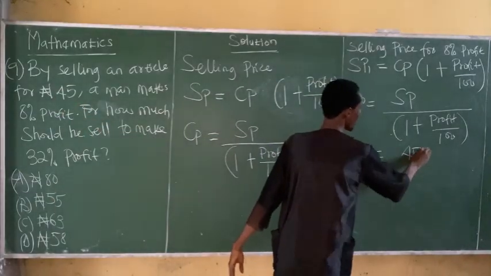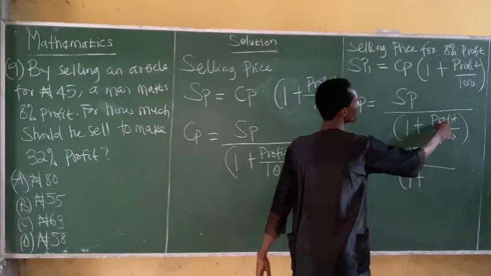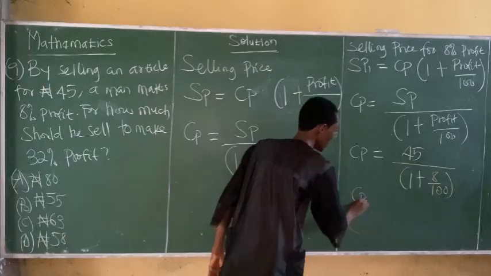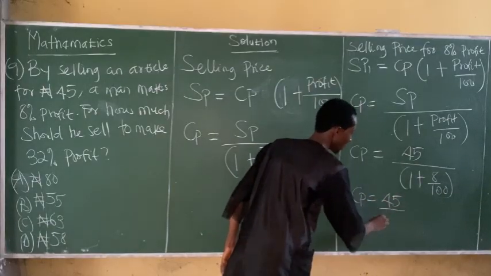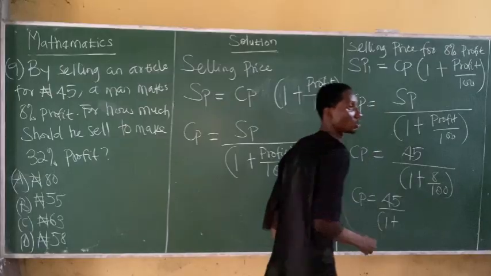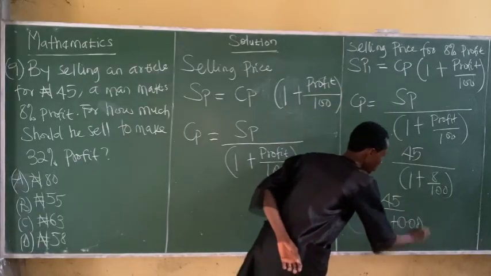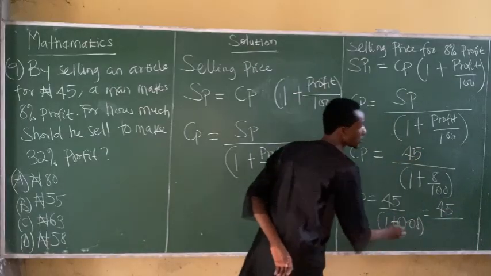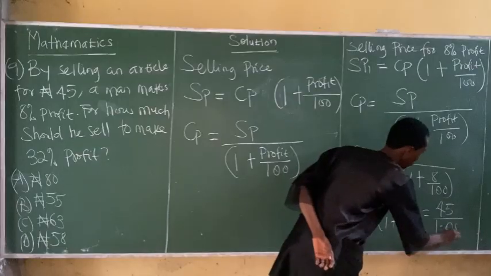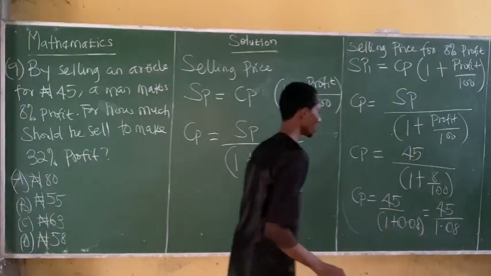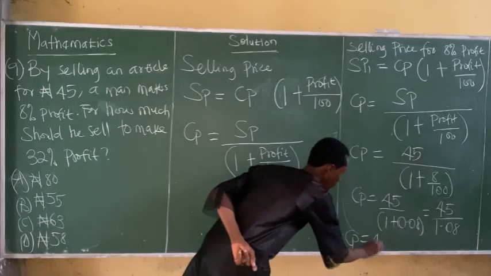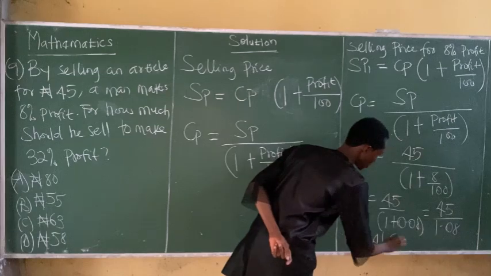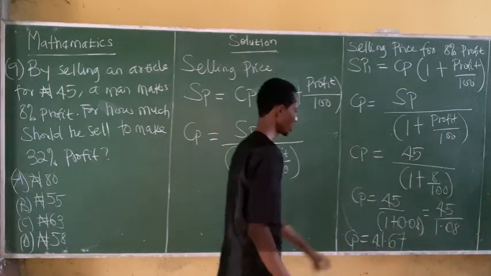So we have 45 divided by 1 plus 8 over 100, which is the same thing as 0.08. So 45 divided by 1 plus 0.08 will give us 1.08. 45 divided by 1.08 will give us 41.67. So this is the cost price.